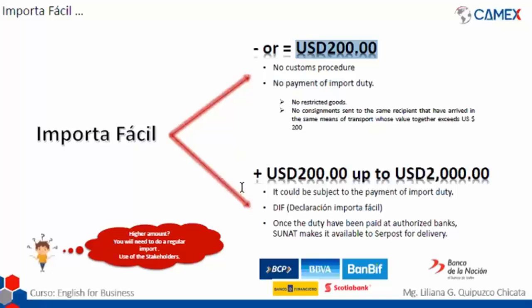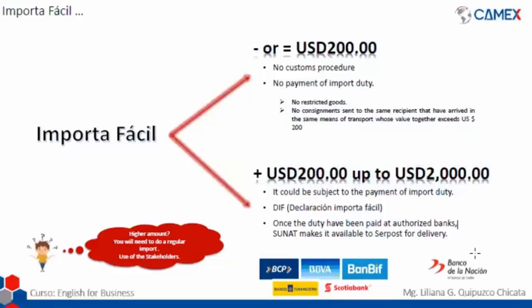Or maybe using another kind of, in this case, a customs agent or a freight forwarder. So you will only use Importa Fácil if you are bringing $200 or less, or more than $200 up to $2,000.